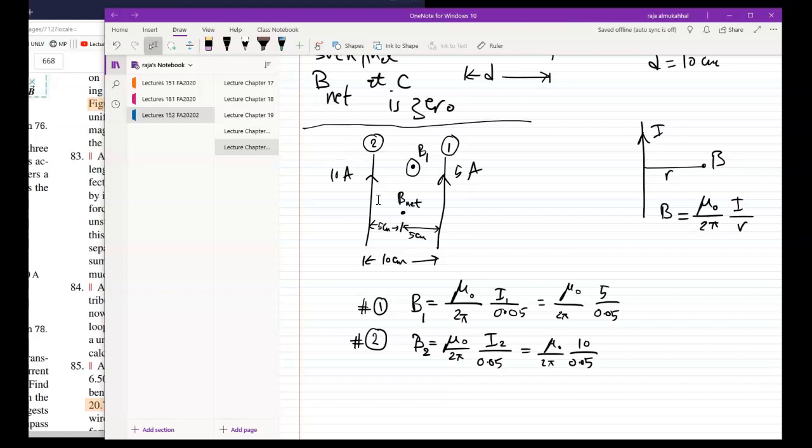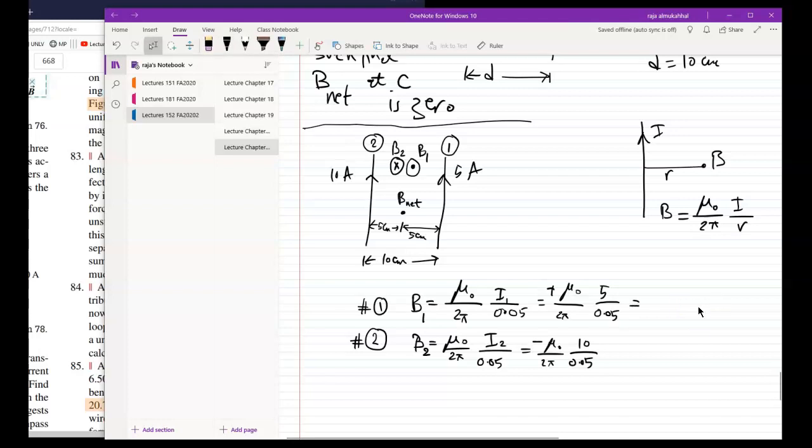So B2 is going to be into the page. What does that mean? Well, if you remember the sign convention, if it's out of the page, it's positive, if it's into the page, it's negative. So that means B1 here is a positive quantity, okay? And then this one, B2, is a negative quantity based on the right-hand rule. So let me calculate all that.